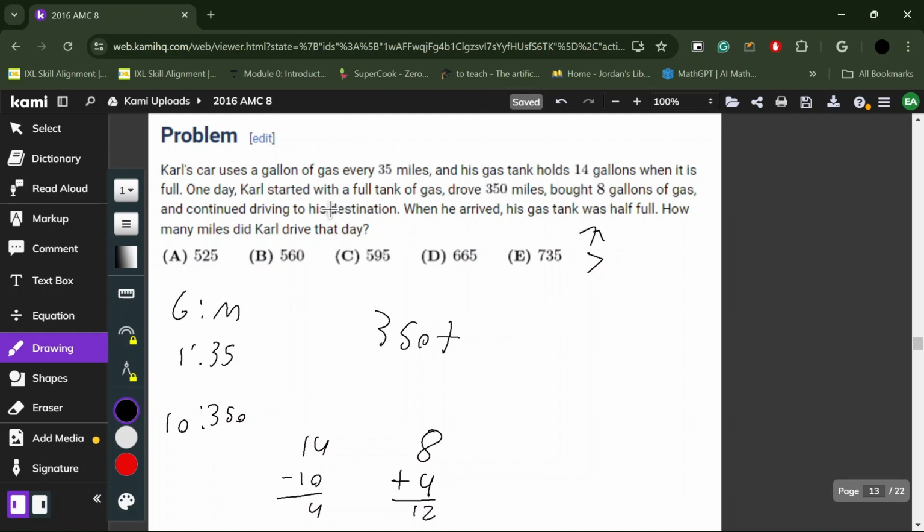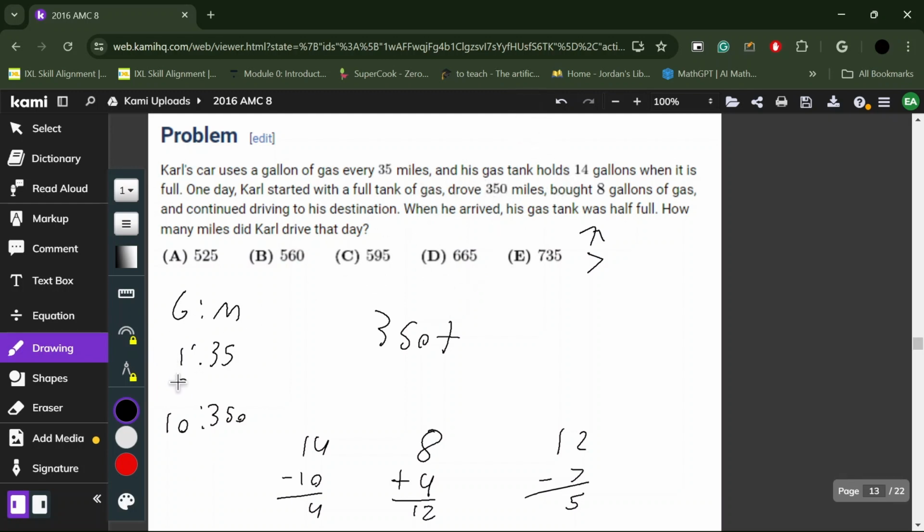And he continued to drive. So it says when he got there, his gas tank was half full, which is 7. So if it was 7, it would be 12 minus 7, which is 5. So that means he used 5 gallons of gas after this 350 miles.